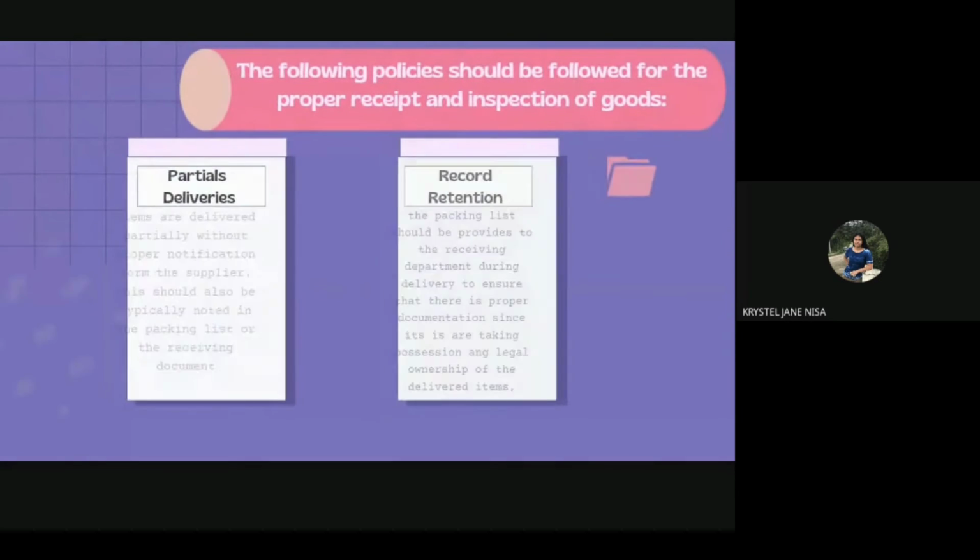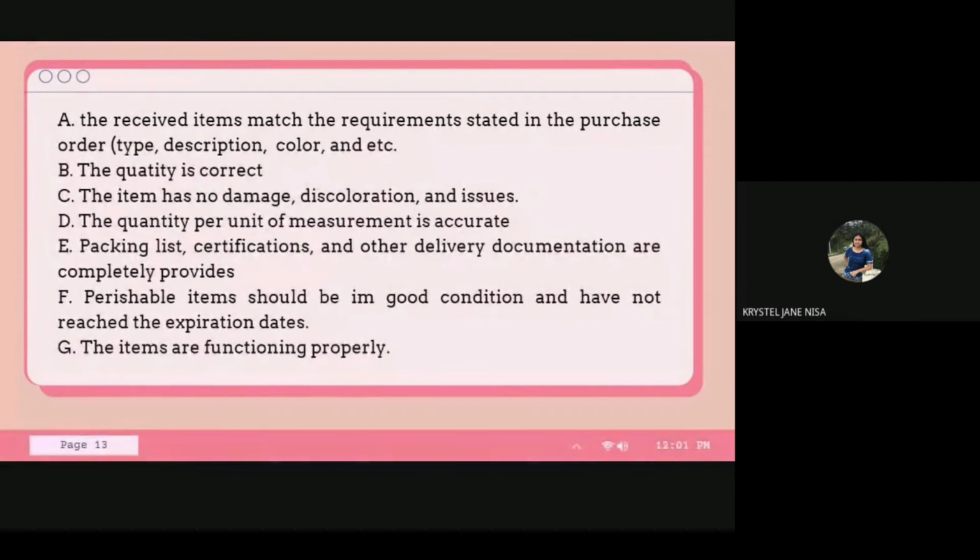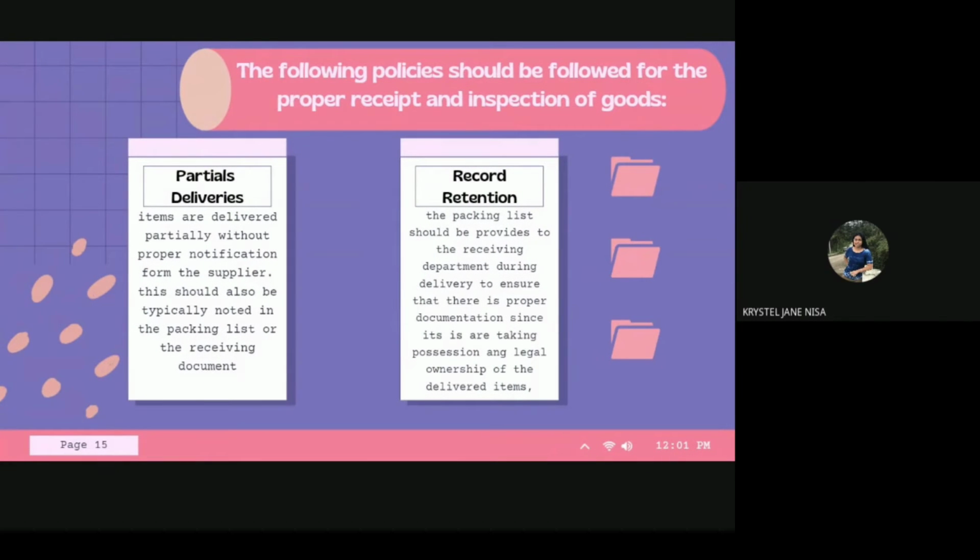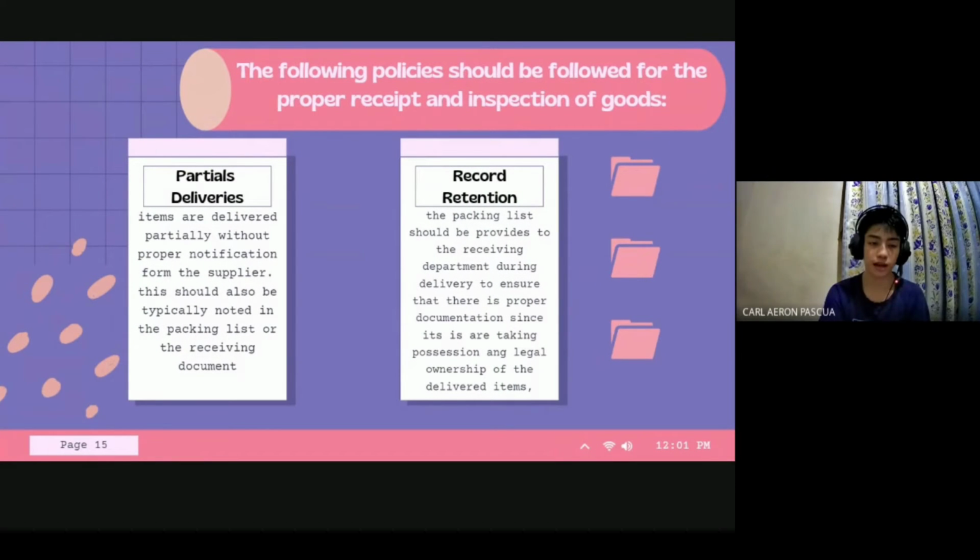So inspecting a shipment is carried out to make sure that the goods are correctly handled and safely loaded into the shipping containers for safe transportation and delivery to the final destination. Next, partial deliveries: items are delivered partially without proper notification from the supplier.